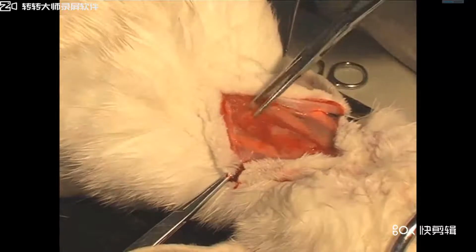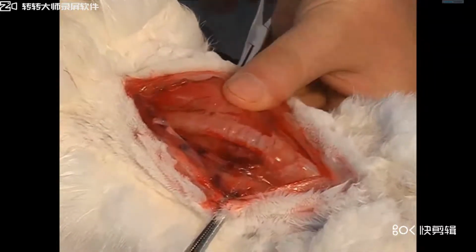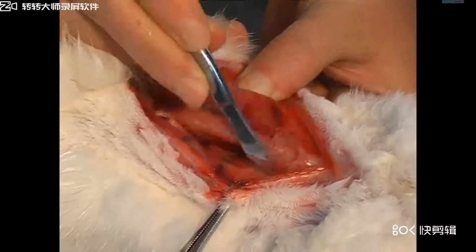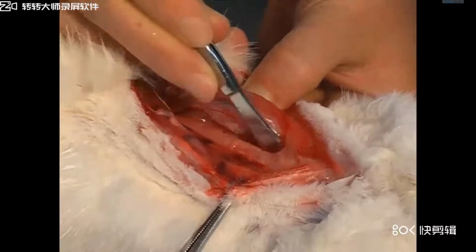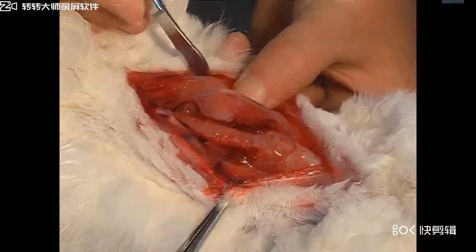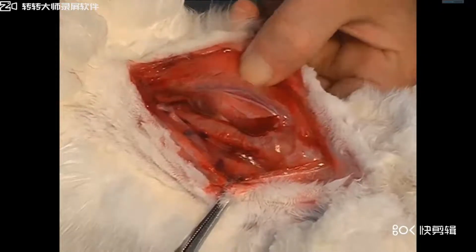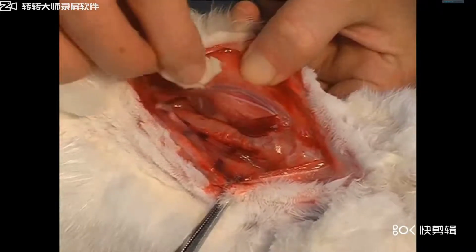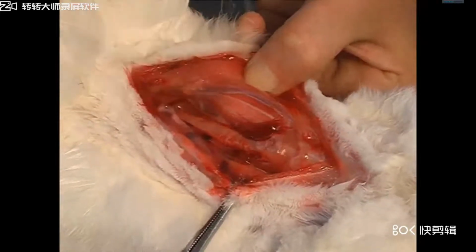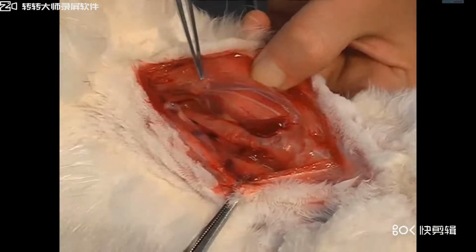Expose the trachea. This is the common carotid artery.